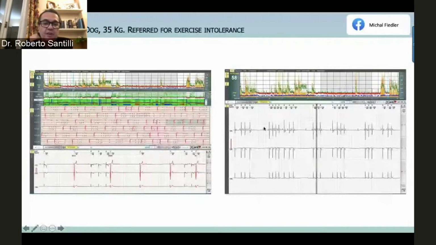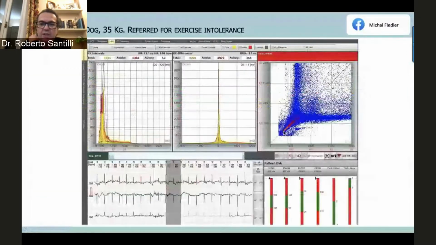So my first differential can be sick sinus syndrome, but I do not think this is the cause, because if you go in the Poincaré plot or Lorentz plot, in the histogram, you can actually see the presence of profound sinus arrhythmias, and with this escape that is very, very regular, starting from here to here.